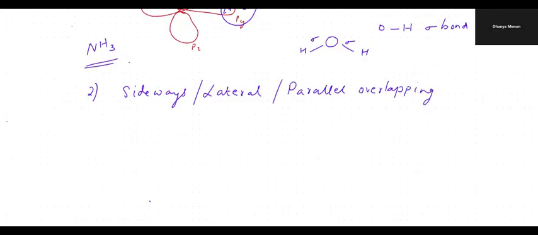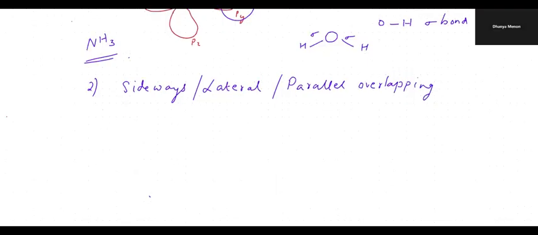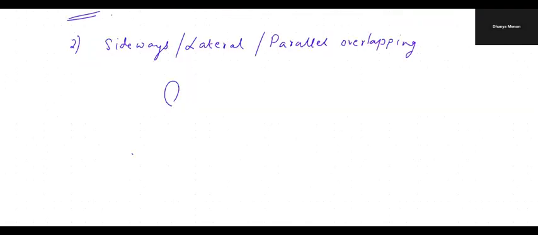In this case, if the orbitals come near each other with a sideways orientation, here also the conditions are the same. The electrons must have opposite spin, they must be half filled, and the sign must be the same. Then they overlap in a sidewise manner.